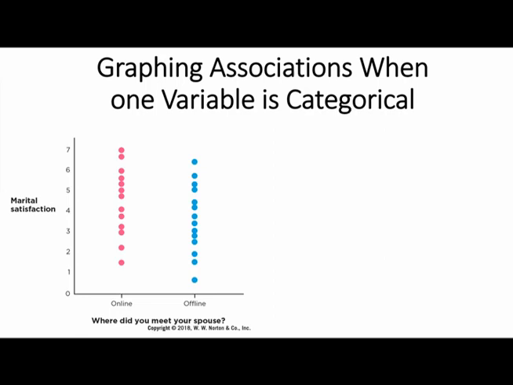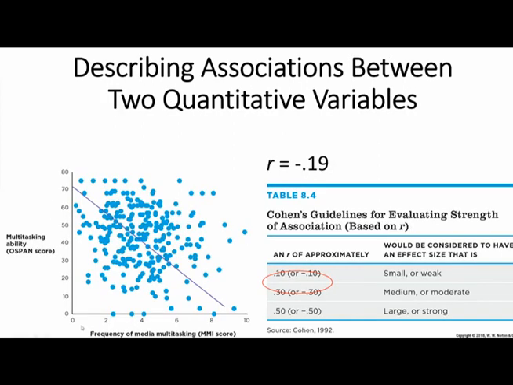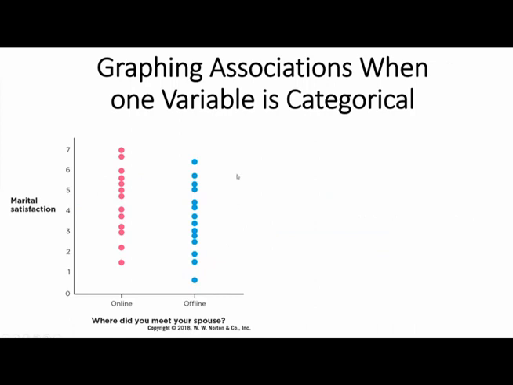Now, that's all well and good if we're calculating our R values and looking at scatter plots for two measured variables that have sort of continuous ranges. Continuous just being that we have numbers and you can kind of score anywhere on these axes. But what happens when one of our variables is categorical? So what if we go to that example of looking at marital satisfaction and where people met their spouse?